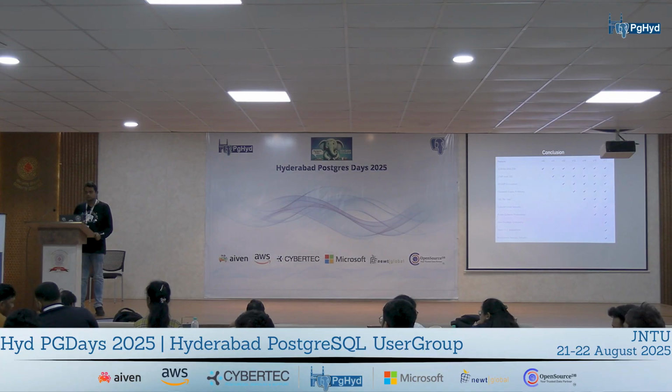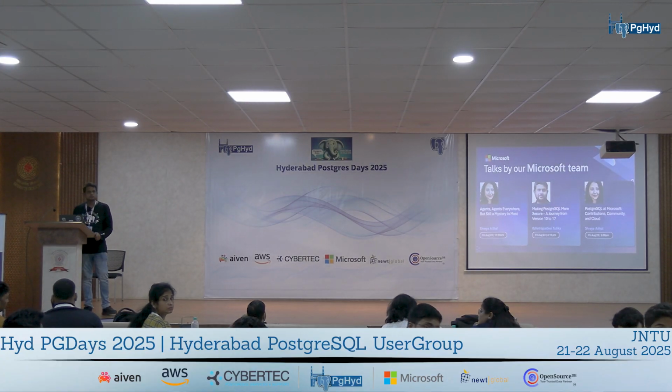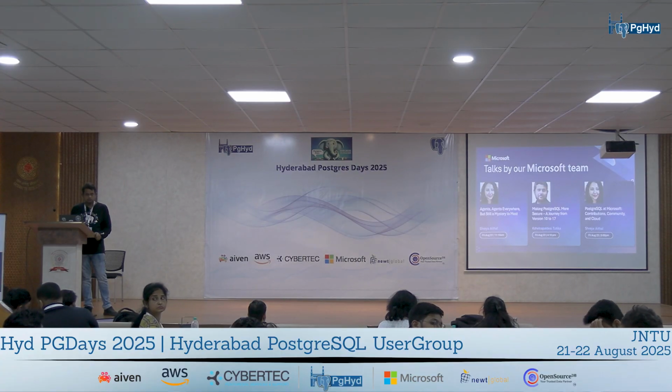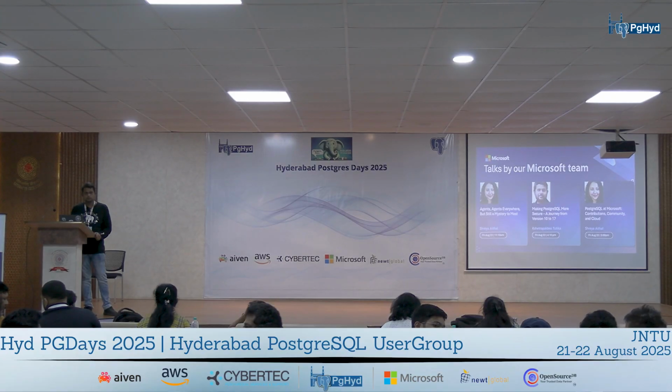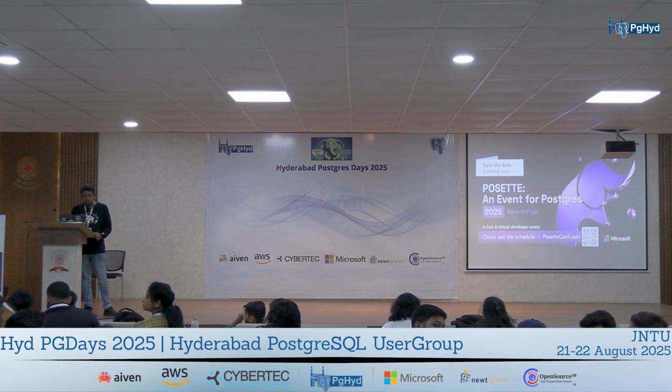Shiva here, I have one doubt. You have a password_encryption parameter, and there is another, the authentication method in the HBA file, the host-based authentication file. If you have MD5 set up in your HBA file and you change your password encryption to SCRAM, does it impact your connections? Yes, it does impact. It won't support.